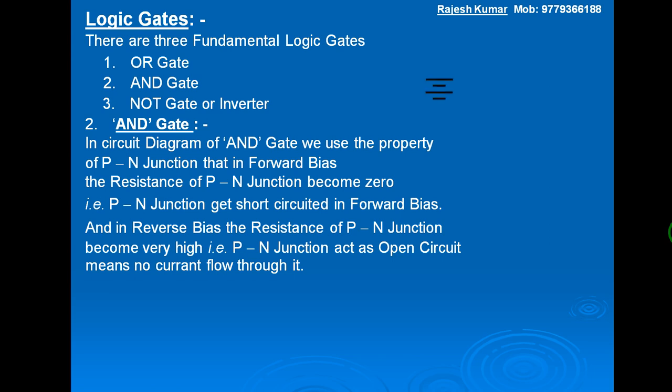Suppose this is a battery of 5 volt, and the positive terminal is connected to 2.0, which is used to give input 1 to the AND gate, and the negative terminal of the battery is connected to earth.